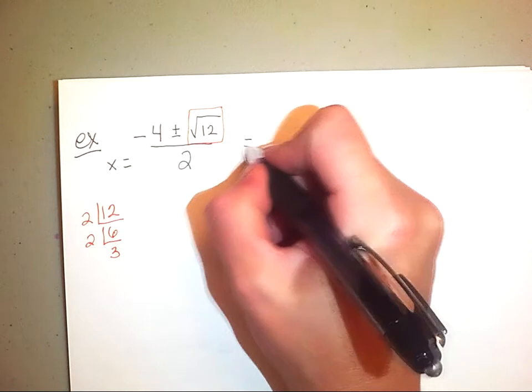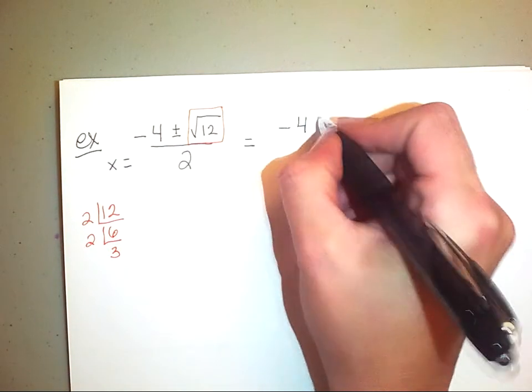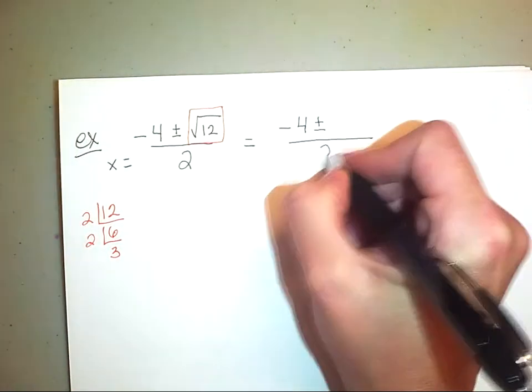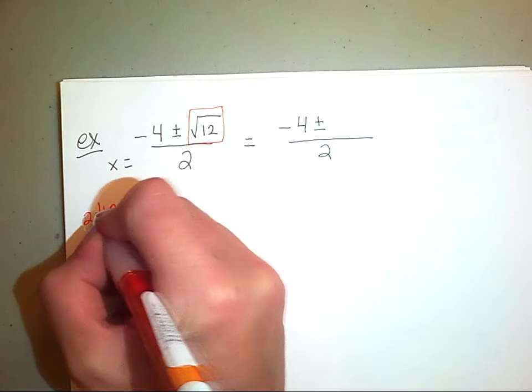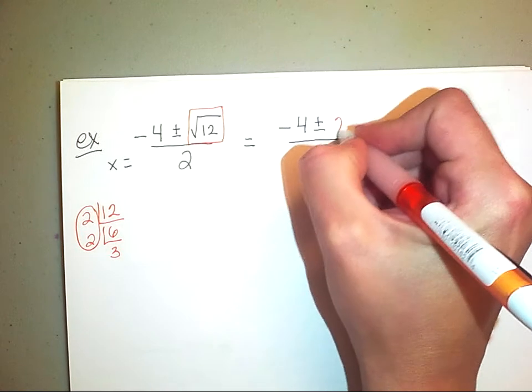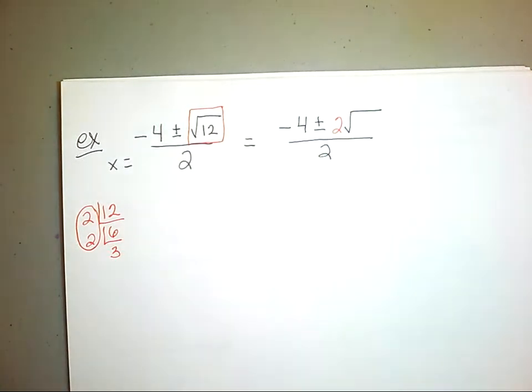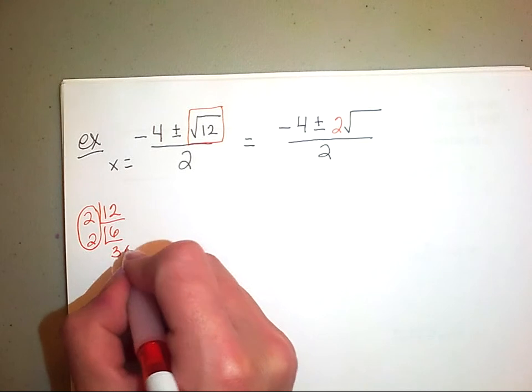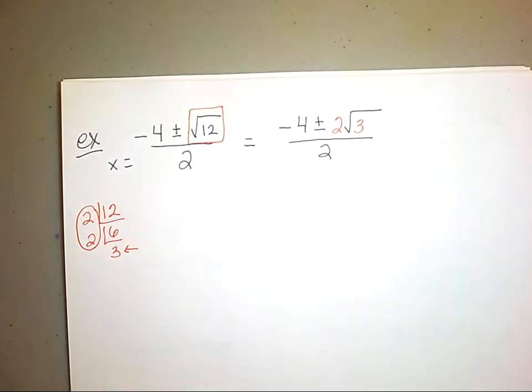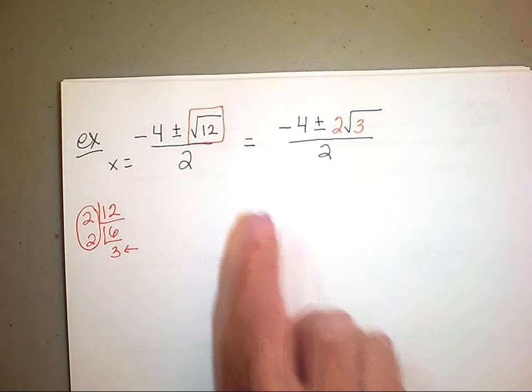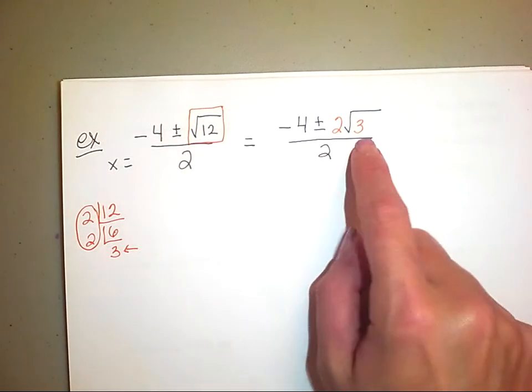So what that means is that I could write this as negative 4 plus or minus, and all this over 2. There's a group of 2's here, so I can pull that grouping out as 2, and what's left behind, which is this 3, goes back underneath the radical. So the square root of 12 is 2 roots of 3.